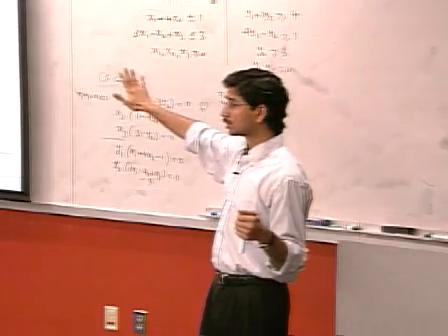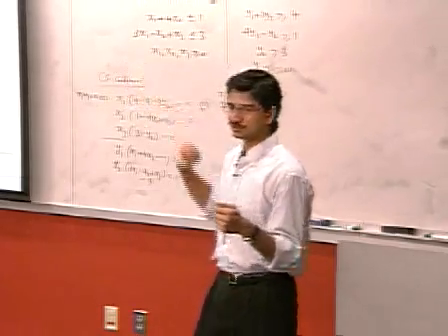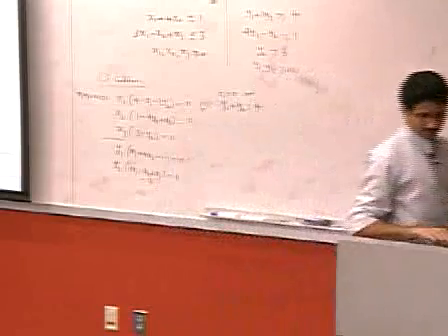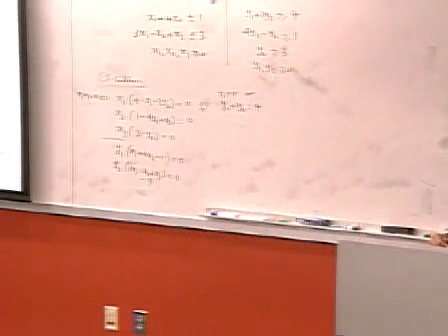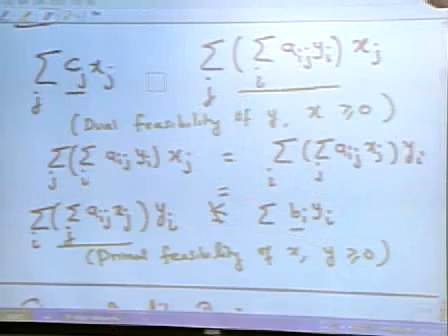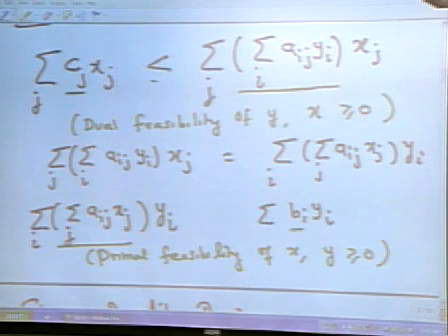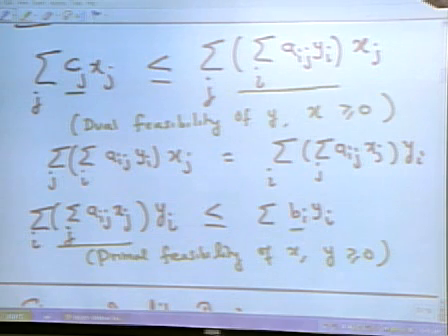No, not just for optimal. This is for every feasible solution, right? So if you go back and look at this, so if you look at this quantity summation cj xj, if I tell you that x is feasible for the primal and y is feasible for the dual, then this inequality holds.